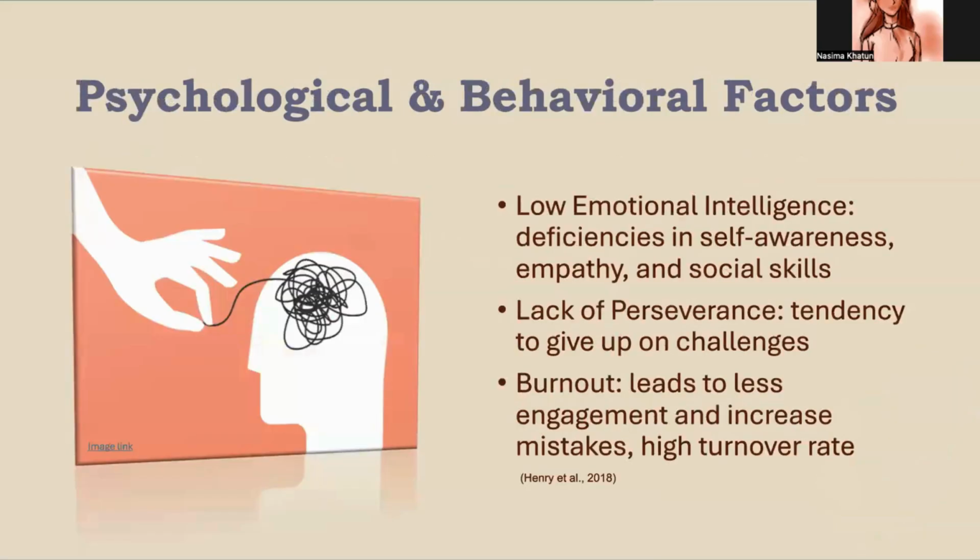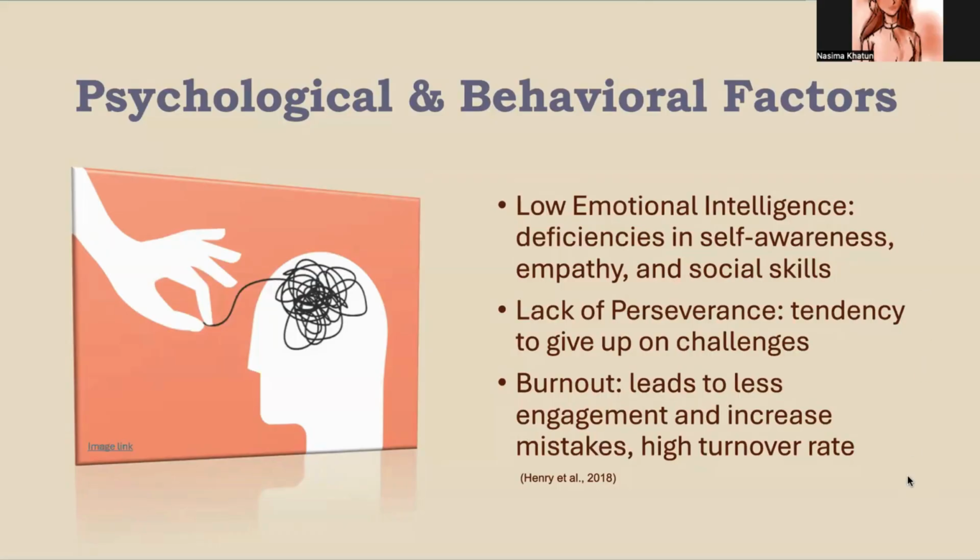Psychological and behavioral factors also play a big role in workplace conflict. For instance, low emotional intelligence, such as deficiencies in self-awareness, empathy, and social skills, can make communication and collaboration more difficult.